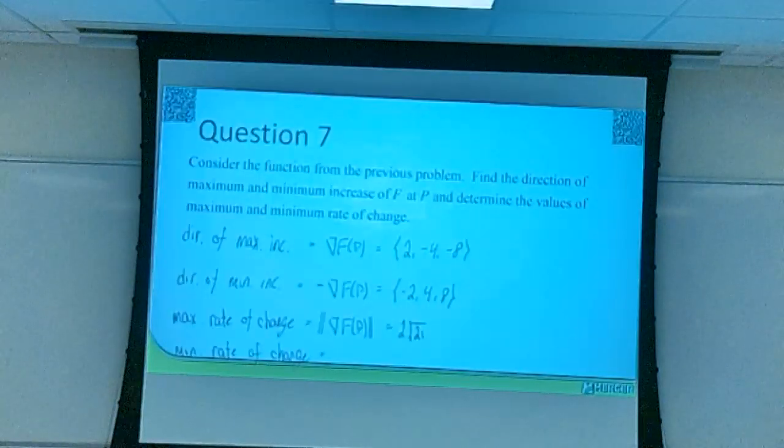And your minimum rate of change is the negative of that magnitude. Right. Questions? It's straightforward, right? Directional derivatives are pretty straightforward. And like I said, that actually finishes up that topic, which is fun. Alright, so again, you agree?